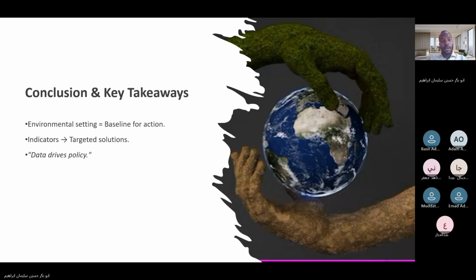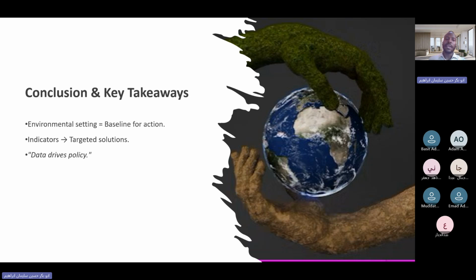And the last point, in conclusion: environmental setting is the baseline for action. As I mentioned, when we use good indicators, that can help us take a good decision about the project. Additionally, indicators are a targeted solution that can help us measure and see which solution is suitable.